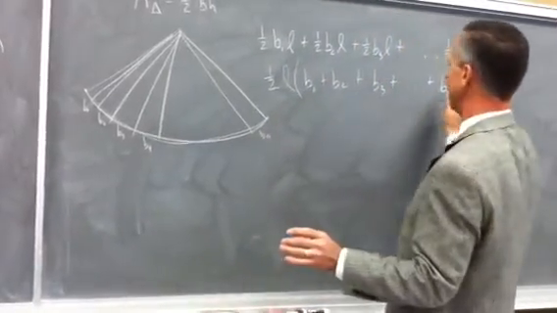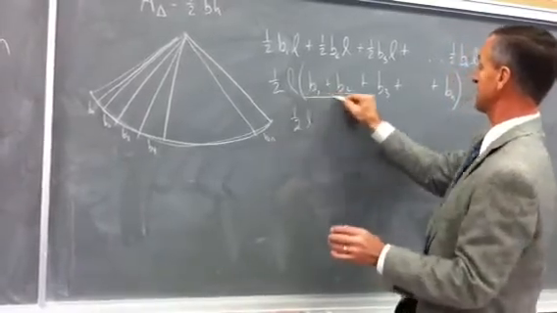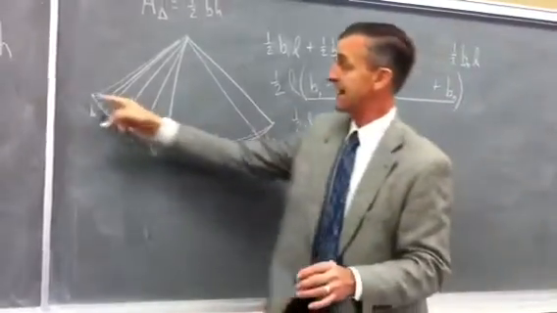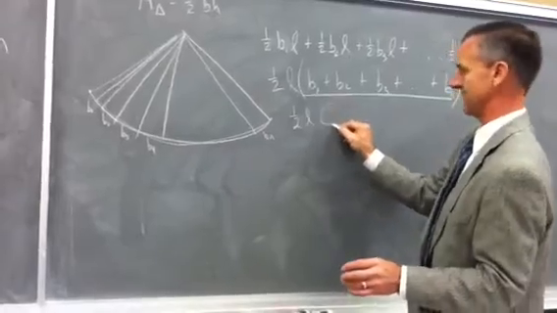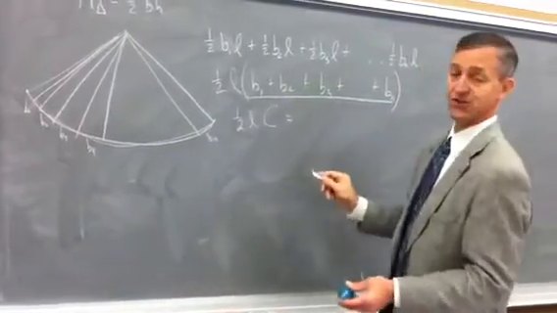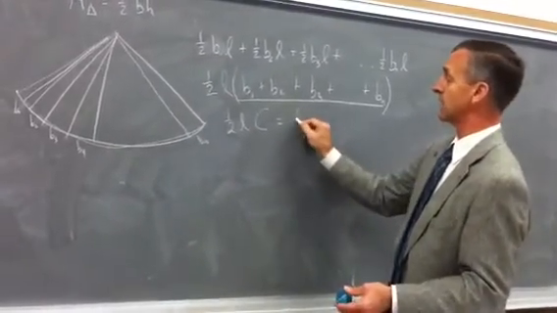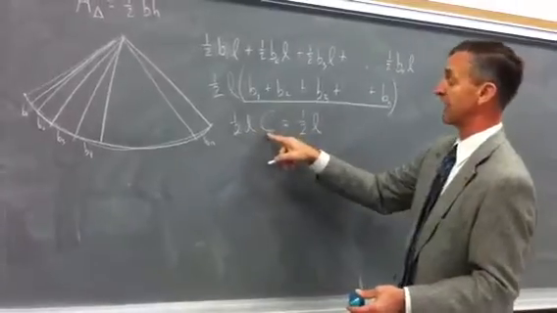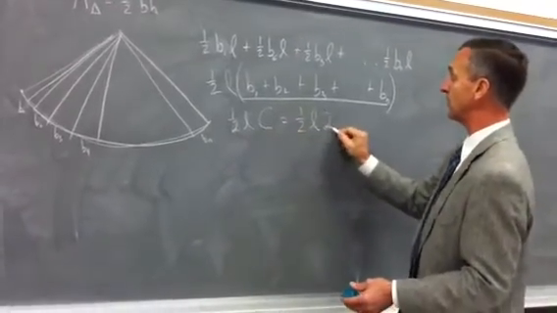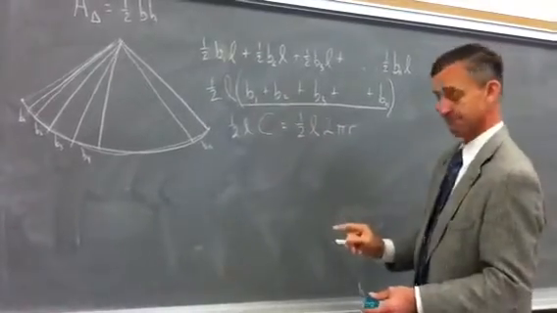So if this is the circumference, I'm going to replace that big expression right here, all of these added together, with circumference. But we know circumference from our formula list is just 2 pi r or pi d, so I'm going to go 1/2 L, and in place of c, I'm going to put 2 pi r, which is my circumference.